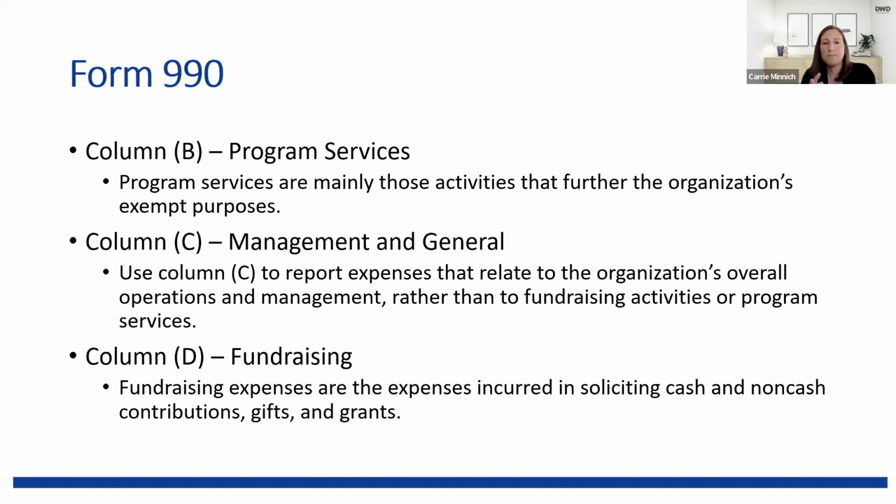They are basically the same as what is considered program, management and general, and fundraising under financial reporting. The only difference is on the Form 990, there is no column for membership development function. So for those organizations that do have members and have some membership development expenses, you're going to include those in column C, management and general.